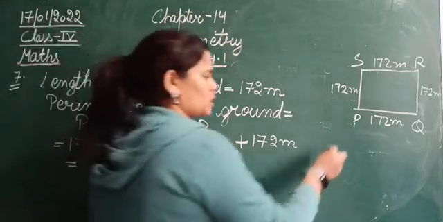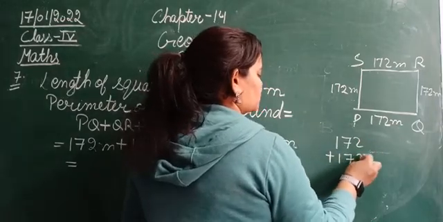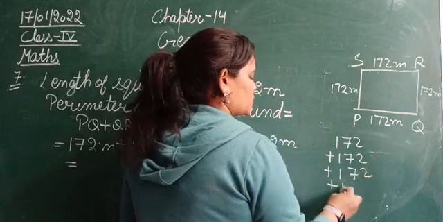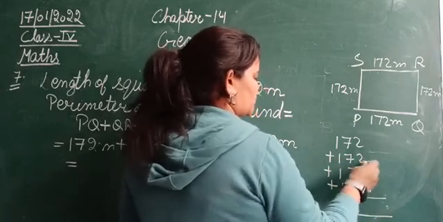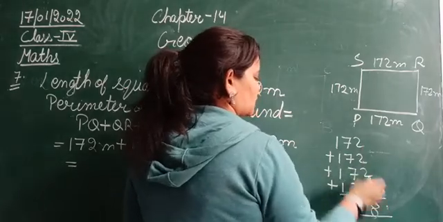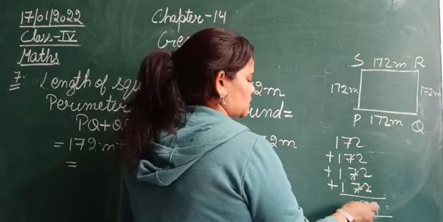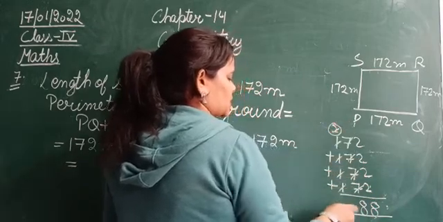Now just add them all. 172 plus 172 plus 172 plus 172. This is 2, 4, 6, 8. 4, 7 plus 14, 21 plus this is 28. 2, 2, 3, 4, 5, 6.